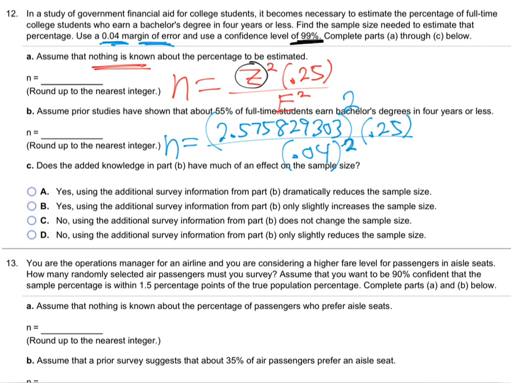I'm getting 1036.7. You getting that? And the thing I forgot to say: what do we always do for n values? Round them up. So we'll go up to 1037 on that.